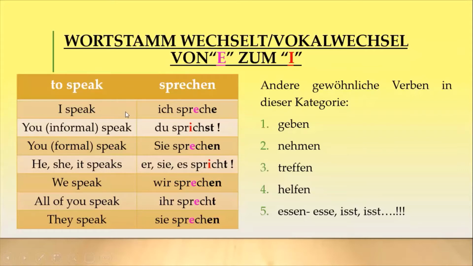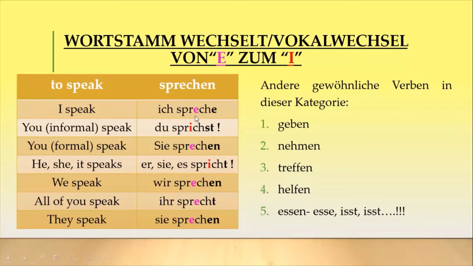So I speak, ich spreche. You speak, and you here is the informal you. Du sprichst. So there must be the sh and the st sound coming together, as in sprichst.